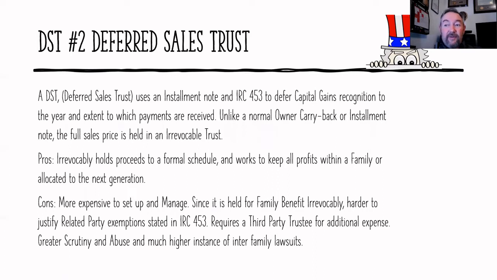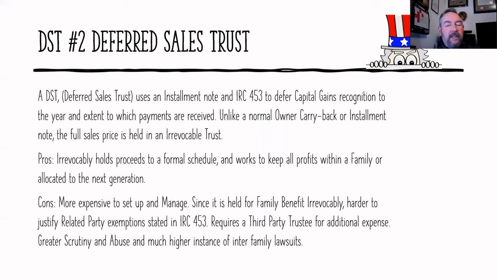DST number 2, the deferred sales trust. So we talked a little bit about an irrevocable structure. We're just holding an installment note in an irrevocable family trust, basically. So once you pull the plug on an irrevocable trust, it's very hard to unwind these. So you don't have a whole lot of opportunity for do-overs if you do it wrong.